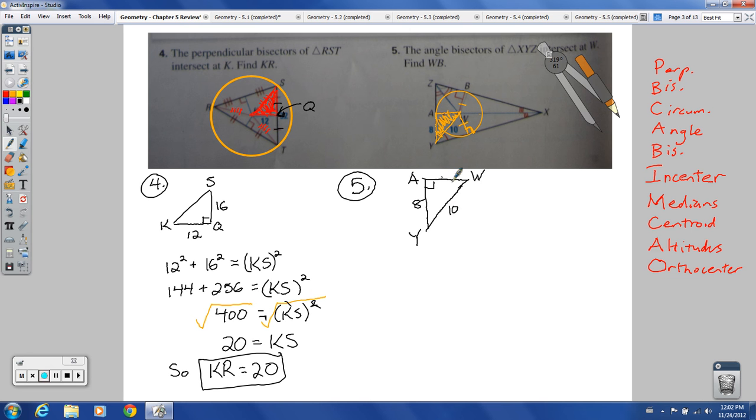So we're trying to figure out this is our missing side this time. So I would say something like WA squared, that's one of my legs, plus the other leg squared, 8 squared equals 10 squared. Solve this for WA. Could you replace that with X or any variable you wanted to? Sure, if that helps you. Go ahead and do that. So this is C there. And subtract 64 from both sides.